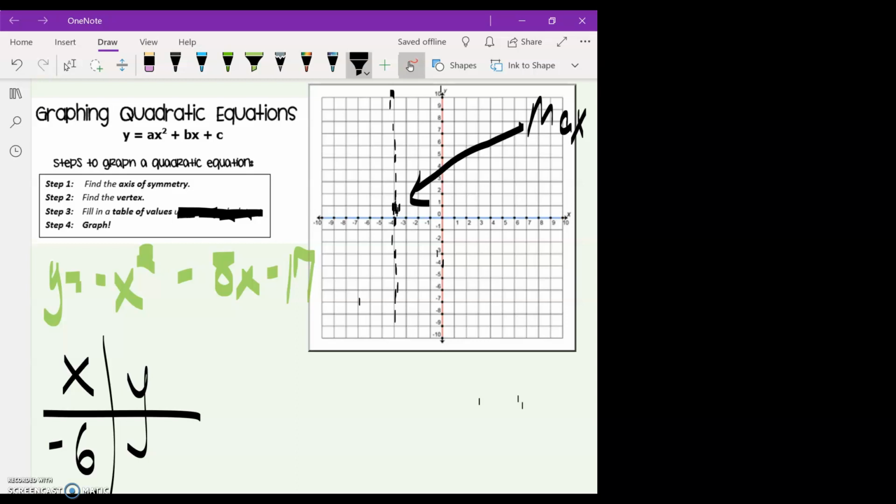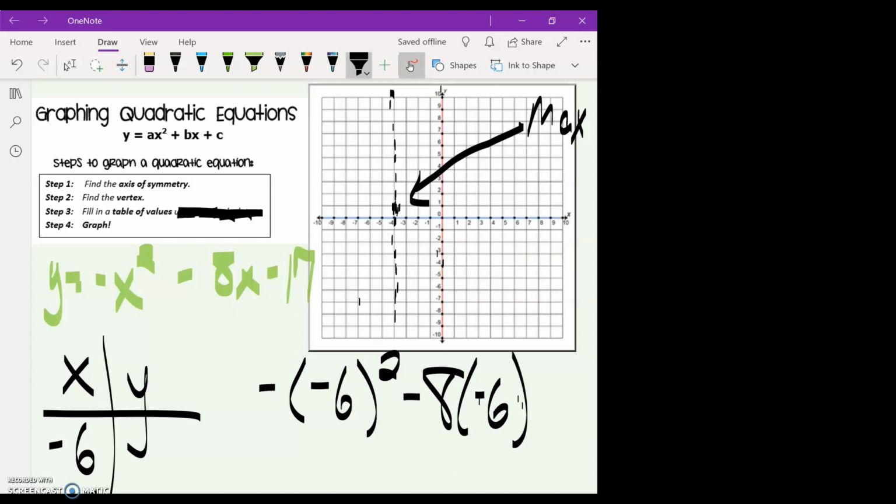So, again, we're evaluating at negative 6, so that negative is important. We insert the negative 6 squared minus 8 times negative 6 minus 17. This is negative. Negative 6 squared is 36 plus 48 minus 17. That is 12 minus 17.